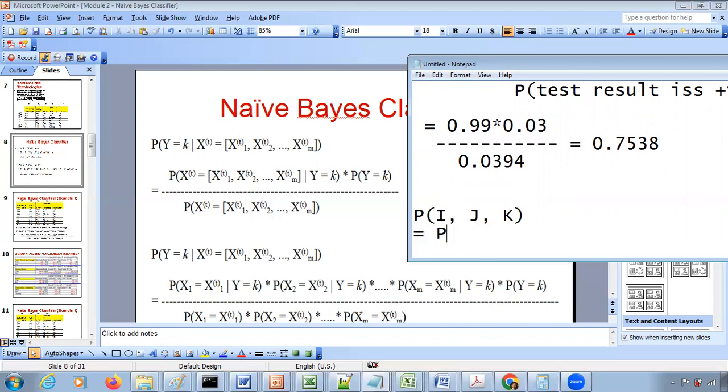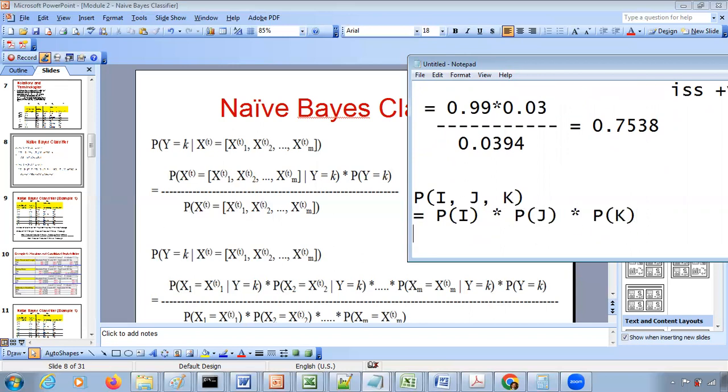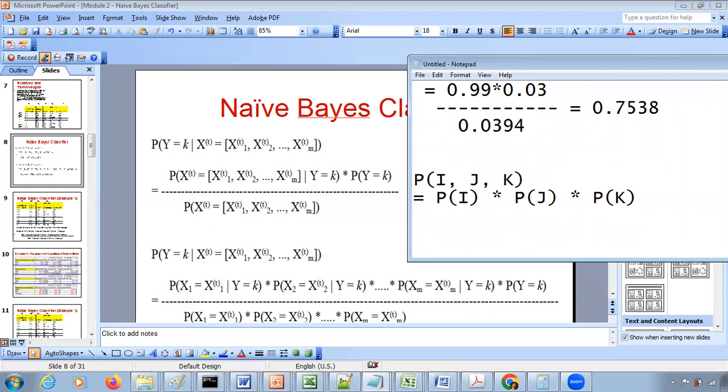If i, j, k are independent, then it's the probability of i times the probability of j times the probability of k. If the three events are independent of each other, the probability that all three of them occur together is equal to the product of the probabilities.